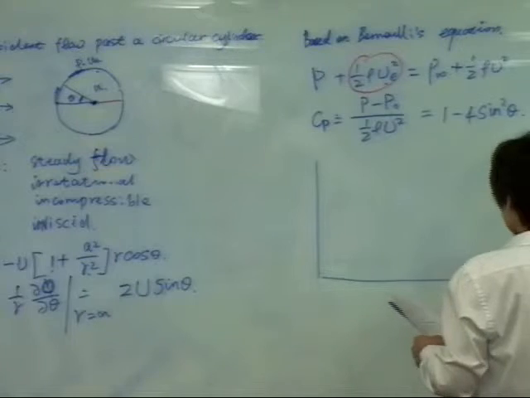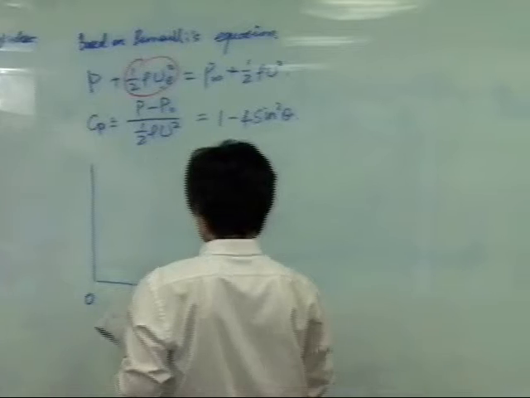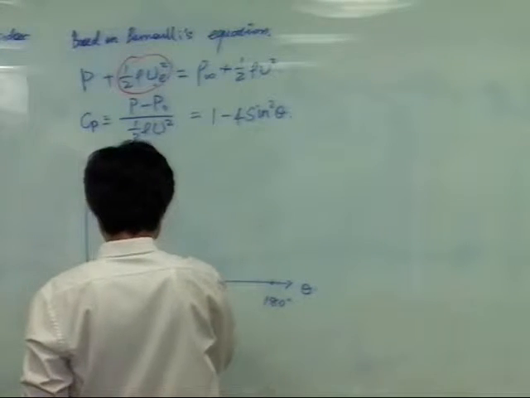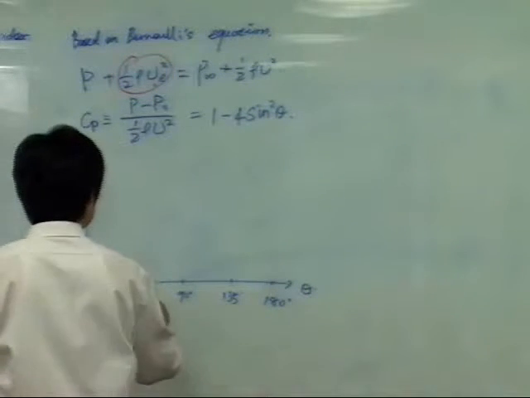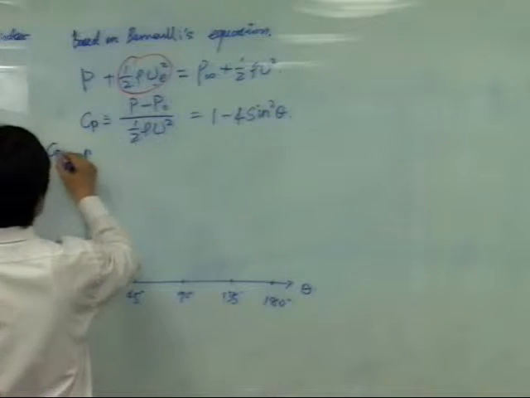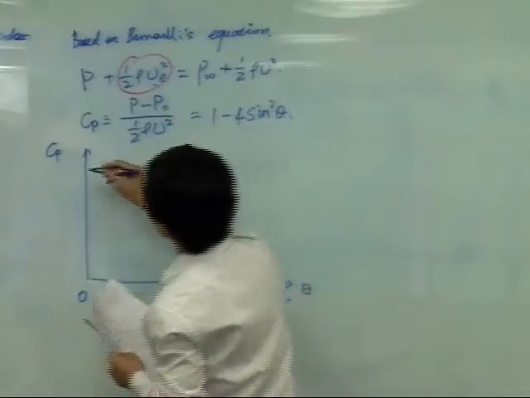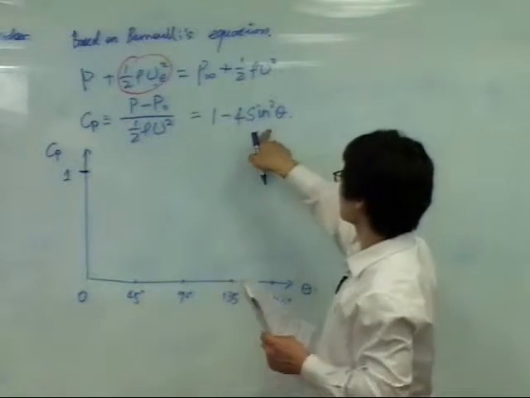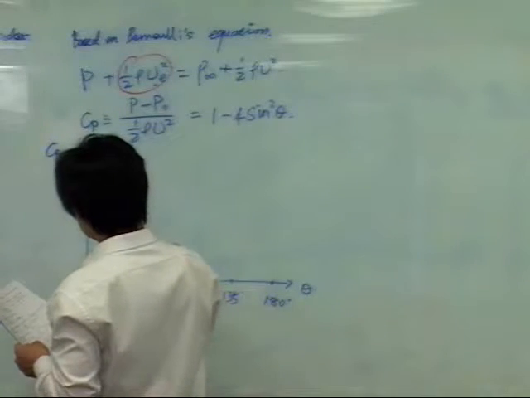Okay, this is theta from 0 to pi, that's 180 degrees, and this is 90, this is 45, and 135. Okay, this is C_p. So the maximum would be 1, right? Here. The minimum would be minus 3.